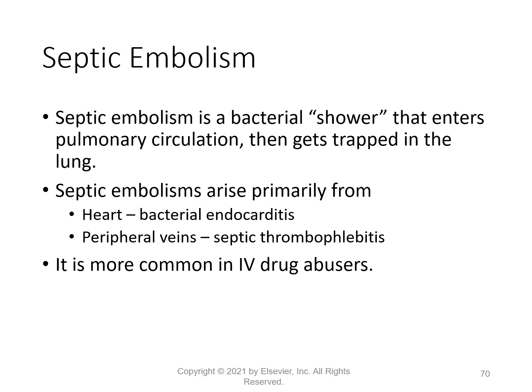So if that septic or bacterial embolism gets trapped in the heart, it can cause bacterial endocarditis or inflammation of the endocardium of the heart. If it gets in the peripheral veins, then it would be causing septic thrombophlebitis. So thrombo would be thrombus, phleb would be vein, itis would be inflammation.